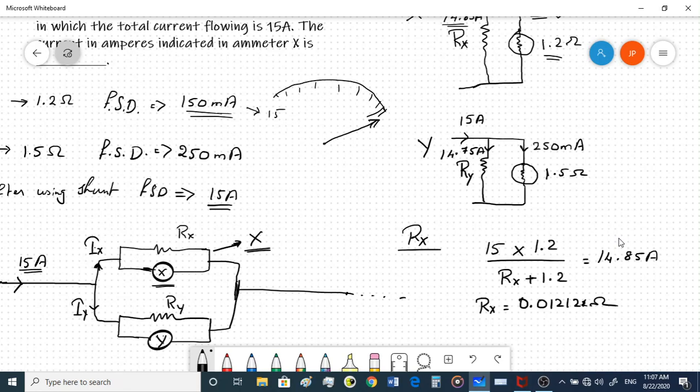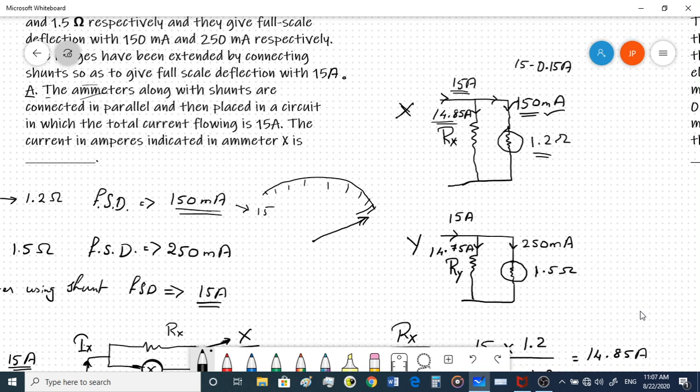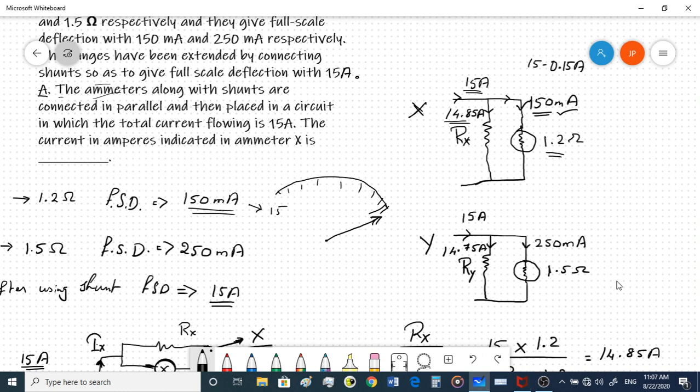Now another method is that you can directly multiply these two values. Easiest way is 0.15 into 1.2. If you multiply 0.15 into 1.2, you will get the voltage in this branch, right?